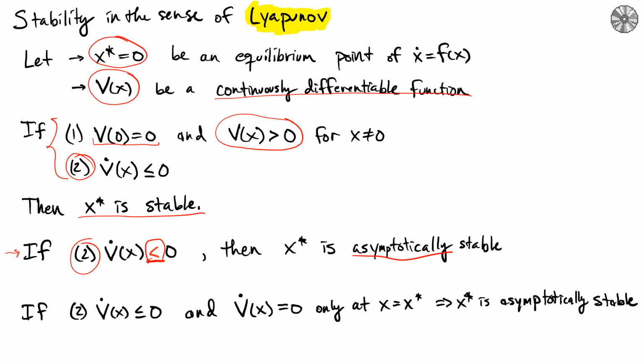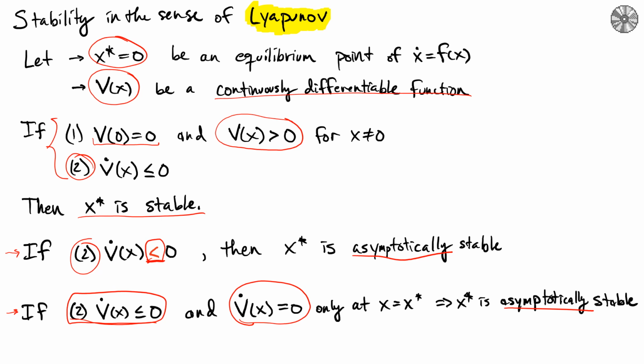We can come back one more time and make that a little bit sharper and say that, well, we can go back and relax and say that we can have equality as well as less, so we can have v dot less than or equal to 0. But if we can also say that v dot is only 0 at the equilibrium point, then we can still say asymptotically stable. All right, so it's the chain of thoughts here.